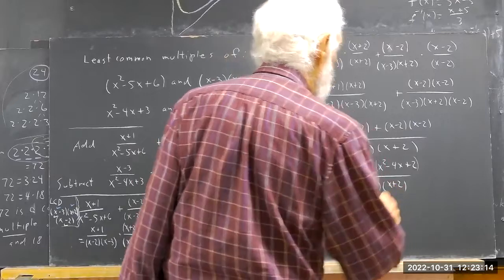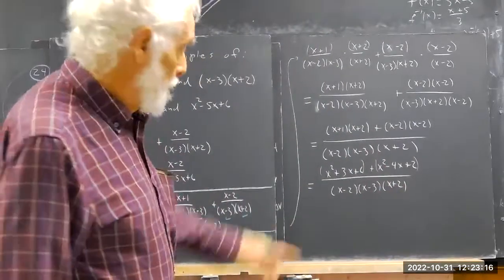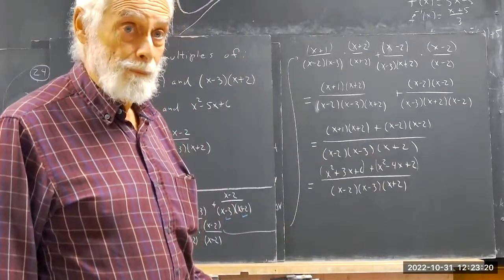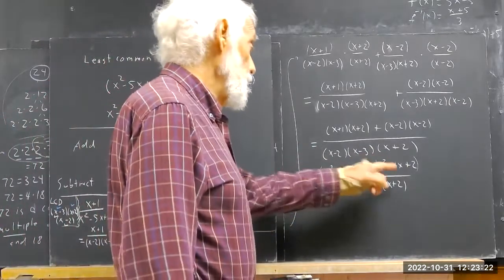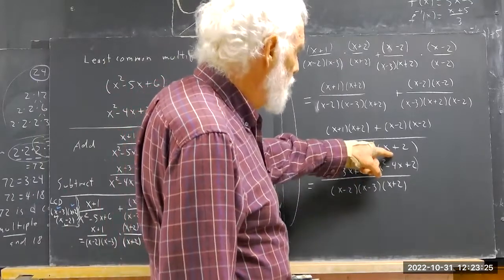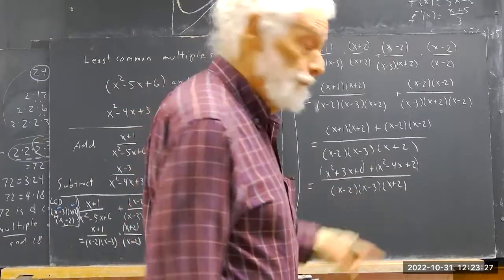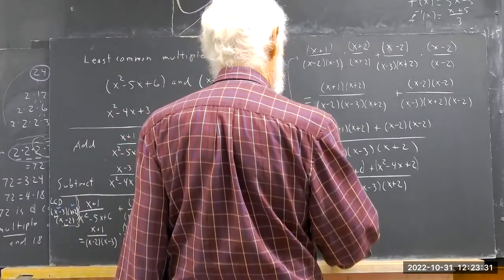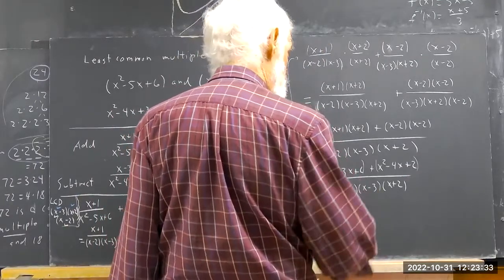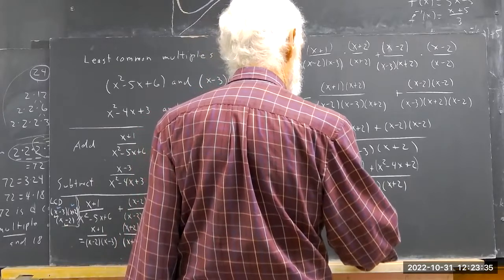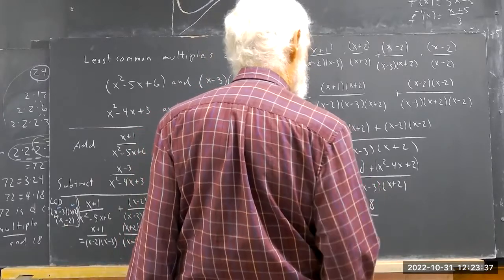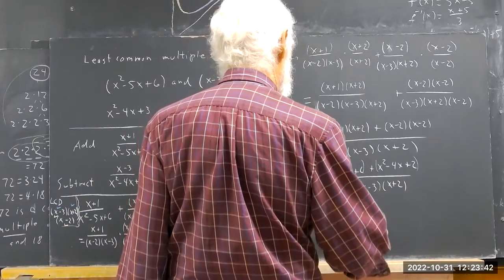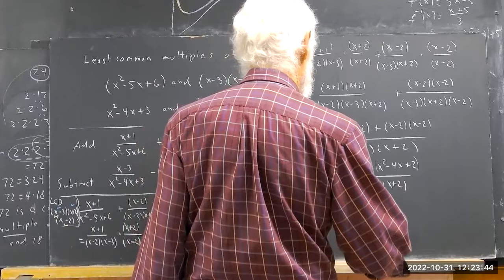We don't multiply the denominator out until we simplify the numerator and see if it factors. It might well be that if the numerator factors, you'll have a factor up here that matches one of these. I don't know if that's going to turn out to be the case or not. Probably not. We've got 2x squared minus x plus 8 over (x minus 2)(x minus 3)(x plus 2).